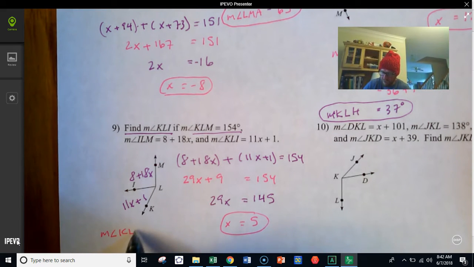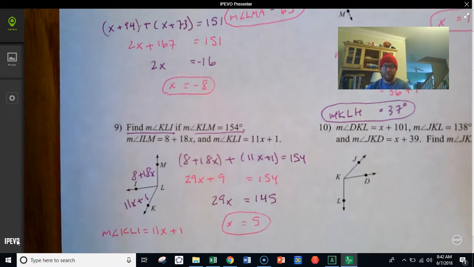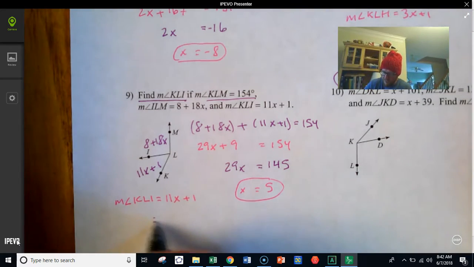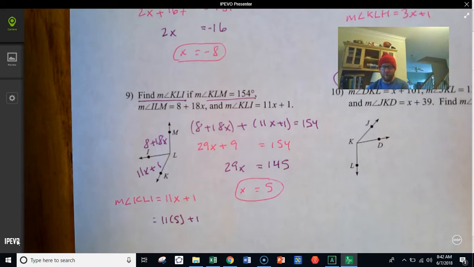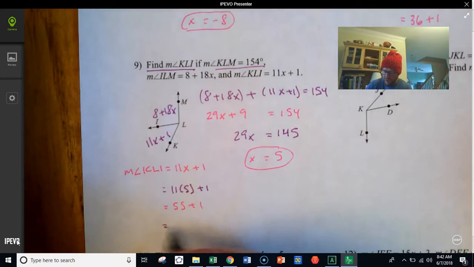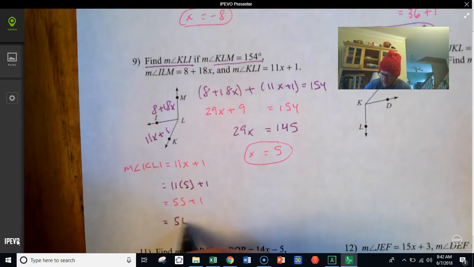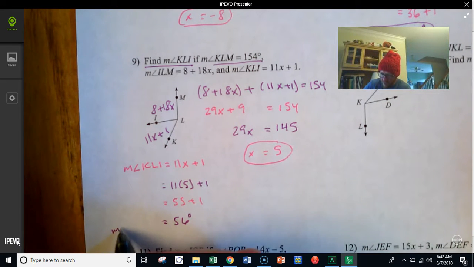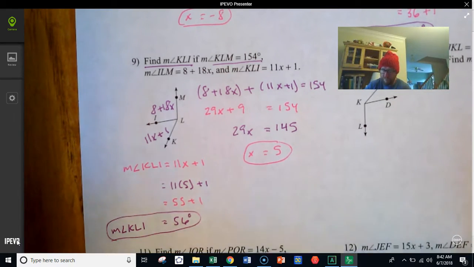Measure of angle KLI is 11x plus 1, but that's going to be 11 times 5 plus 1. And 11 times 5 is 55, plus 1, and so we end up with 56 degrees. Measure of angle KLI, and we'll circle it.